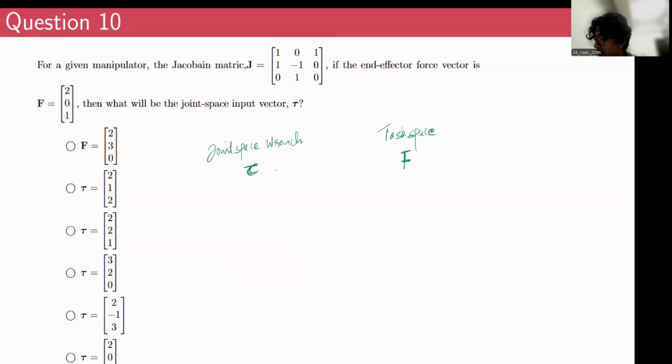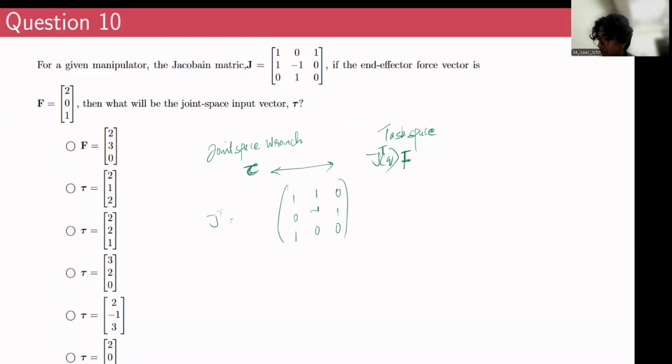And how do we map these wrenches in joint space and task space? We have already derived this expression using the conservation of power. The correct expression is tau equals J transpose F. So in the question, you have been given J, you have been given F. So it's only a matter of taking J transpose and F. So J transpose from the question would be 101, 1 minus 10, 0, 10.